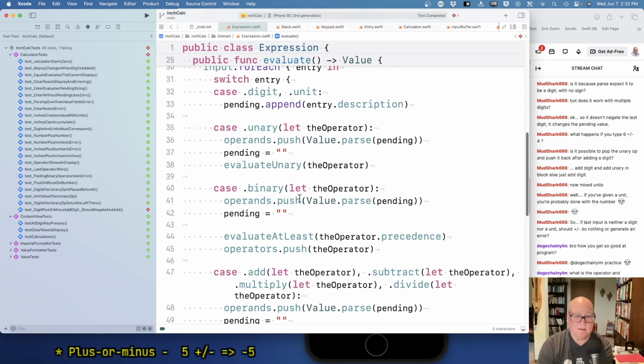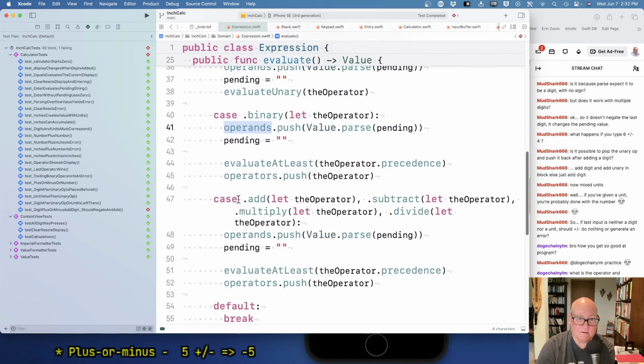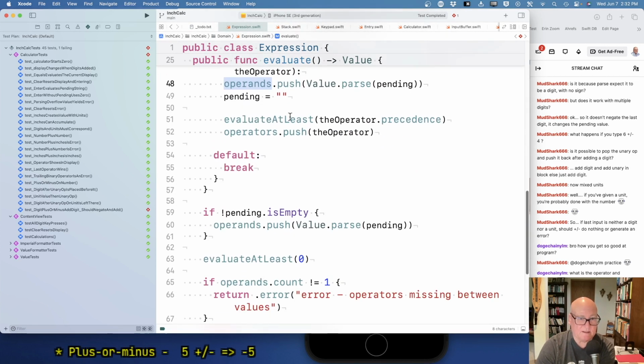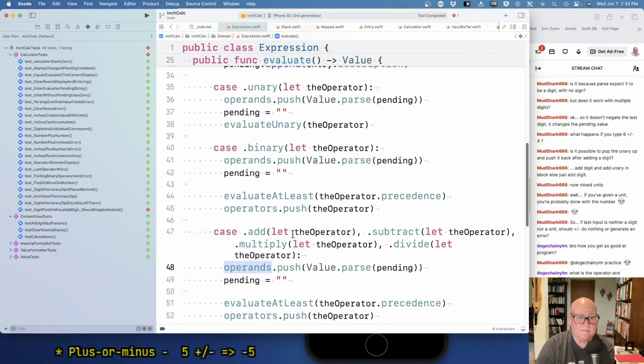There is none. That's a problem. We kind of ran into this before. There is no pending at this point.